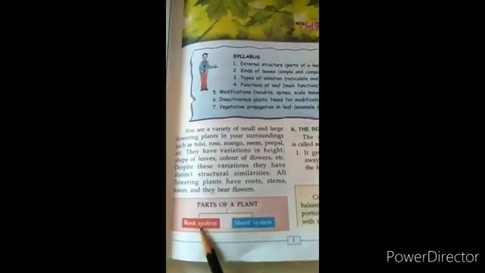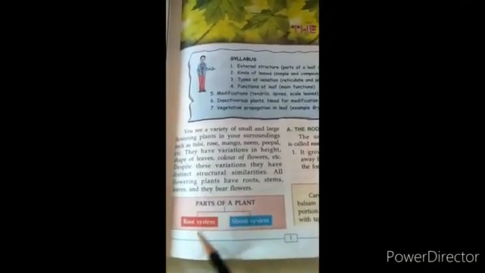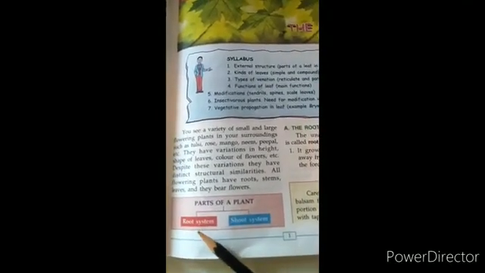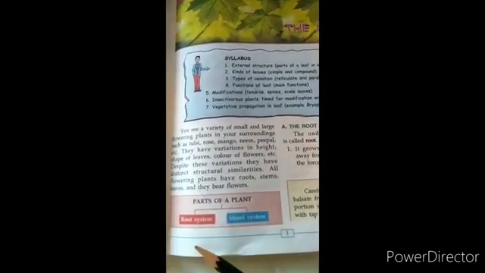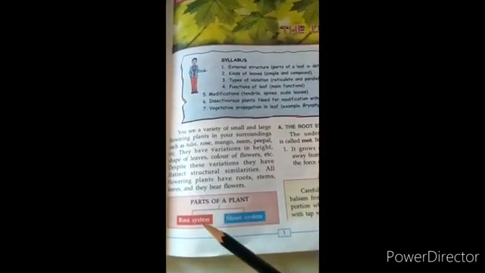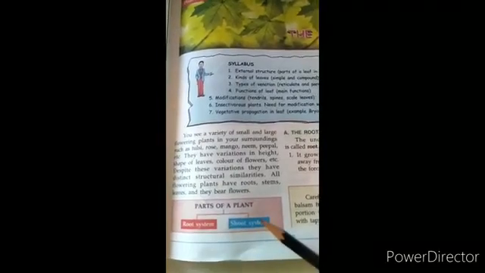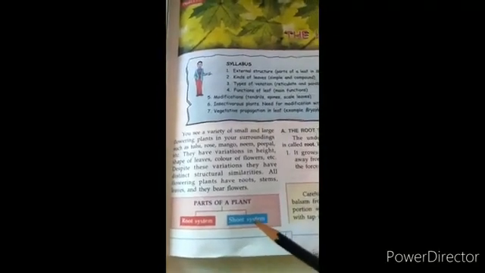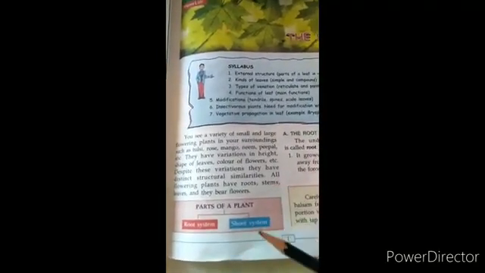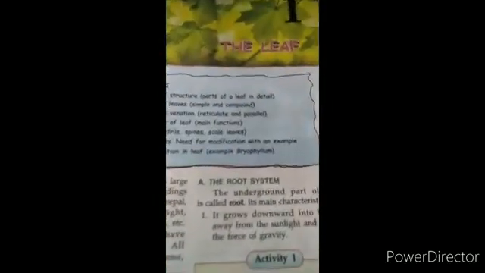The root system is that part of the plant that grows below the soil, that is not visible to the eye, and the shoot system is that part of the plant that grows above the soil and it is visible to us.